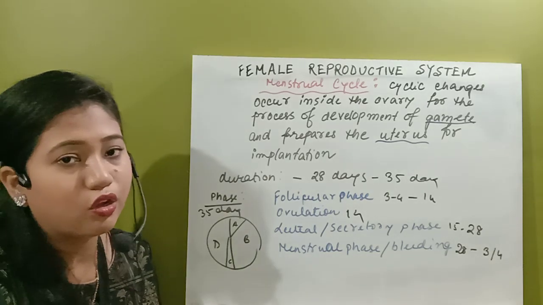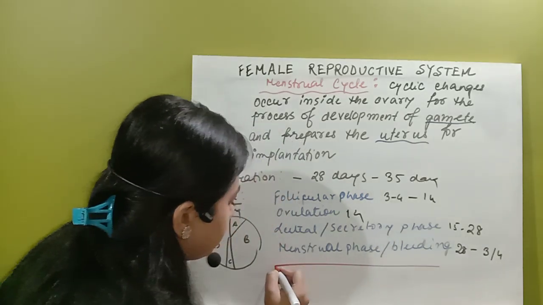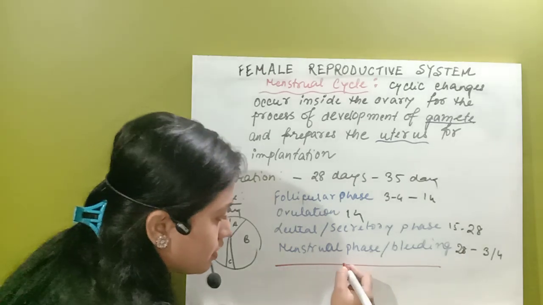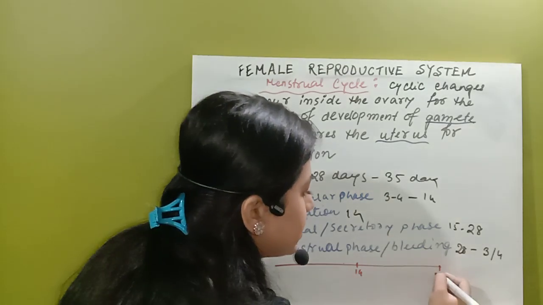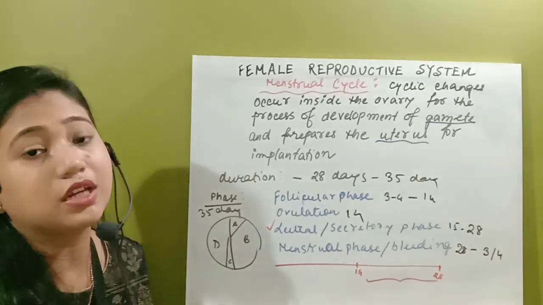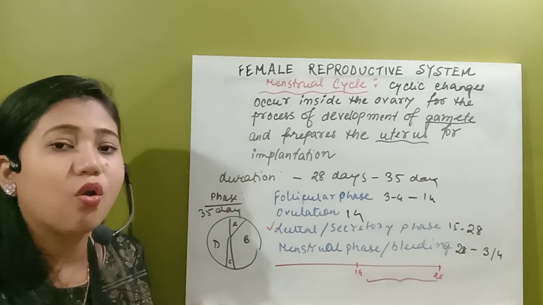One thing always remember: suppose this is a straight line, and here is the 14th day. From the 14th to the 28th day, the luteal or secretory phase will never extend or decrease.